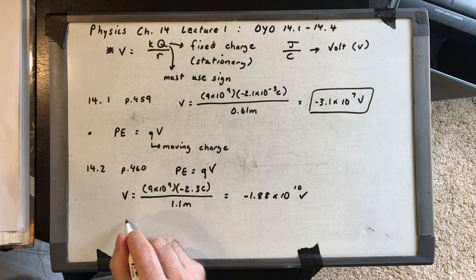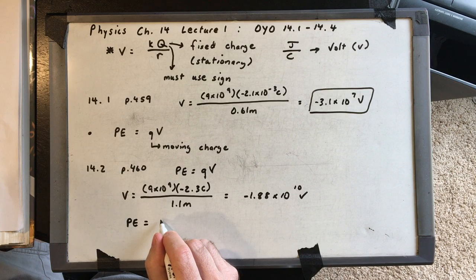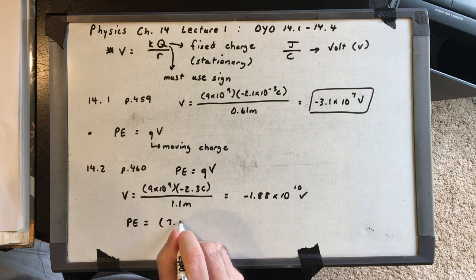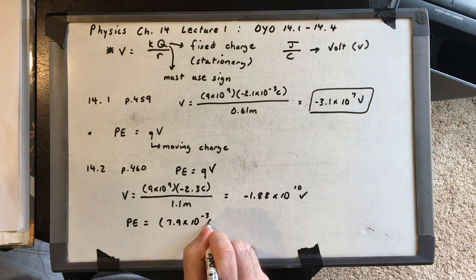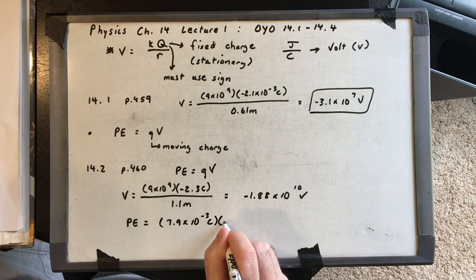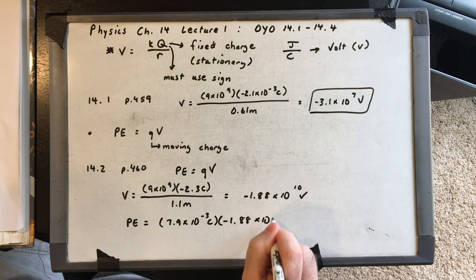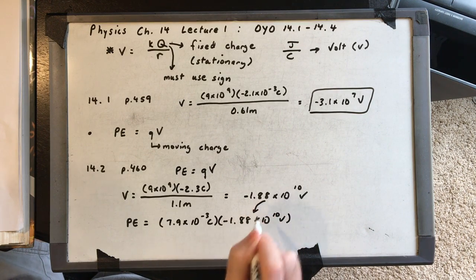Right, so now we can get the potential energy. That's the moving charge, which is 7.9 times 10 to the minus 3 coulombs times the voltage, negative 1.88 times 10 to the 10th volts, which is what you just calculated.